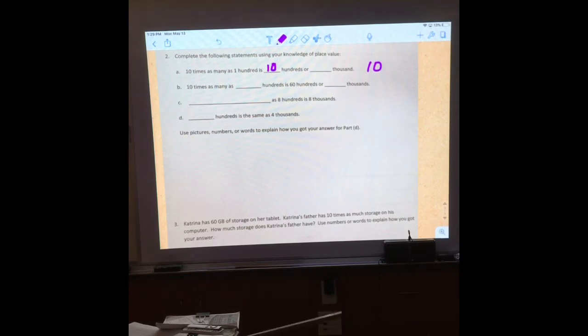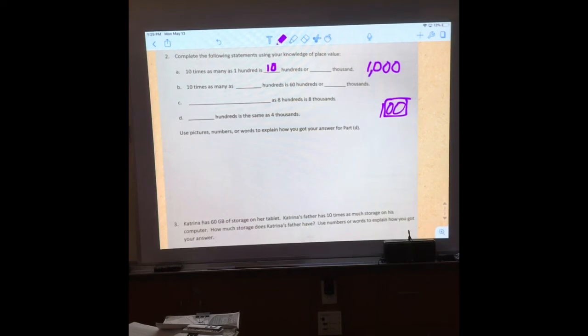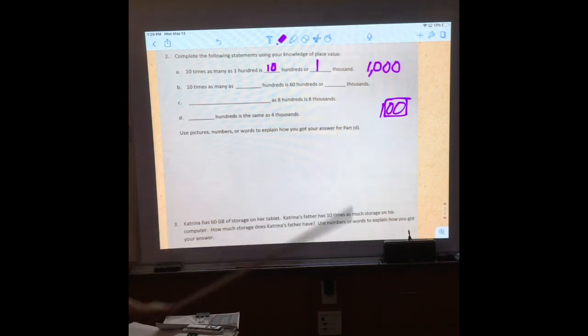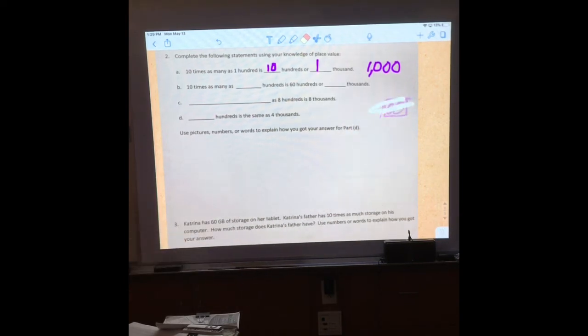And then what would we do for 100? We would add what? 2 zeros, right? What is that number? That's 1,000, right? So that would give us 1,000. And this would be the numeric way of writing it out. Okay, does that help you? So you don't get confused?